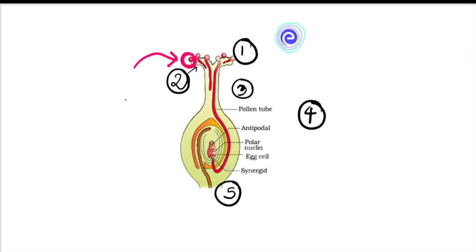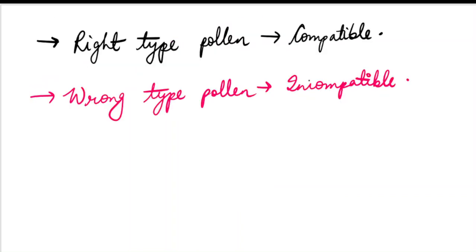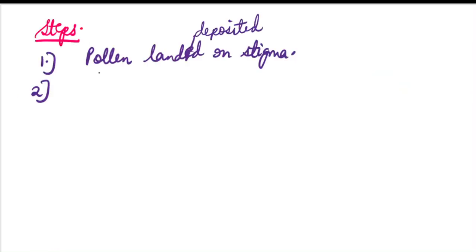Now the second part is where the pollen will detect whether this is the same, of my kind, means is it compatible, or is it some wrong type of pollen. So there will be a detection. I told what is compatible and incompatible, you can say non-compatible also.